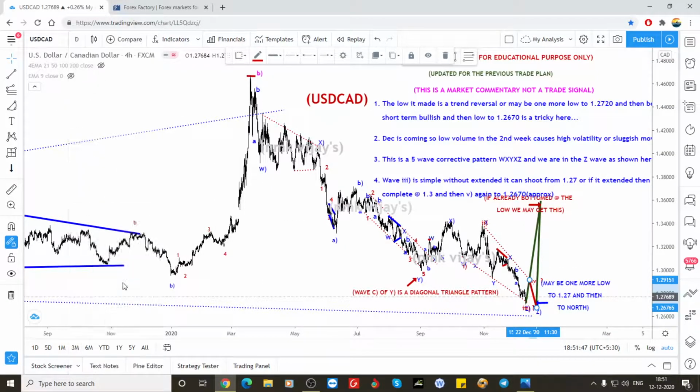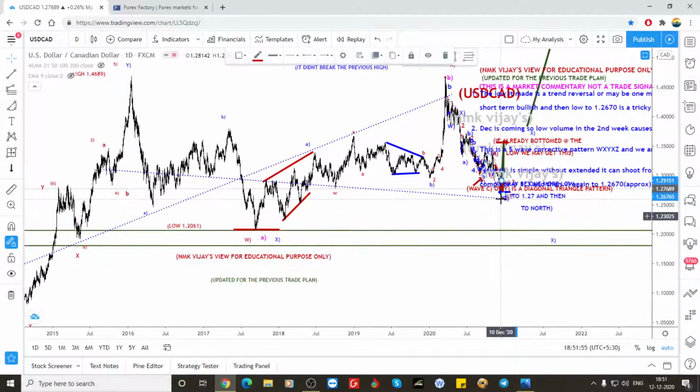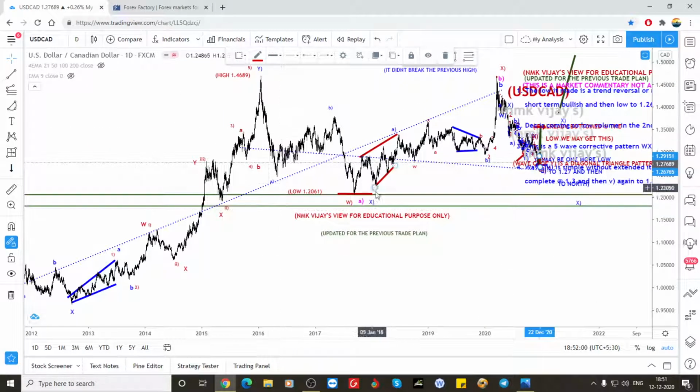Here also ABC is a B, and we are in that, again one more, whether this could be a triangle also in a higher view. I said previously also this could be a Y wave, so X could make it a triangle also.